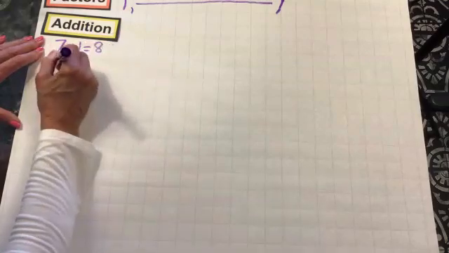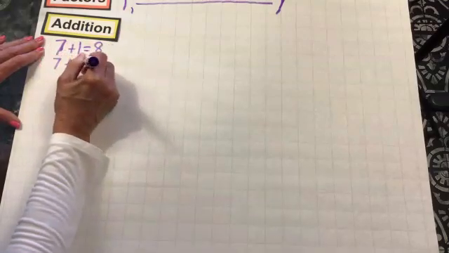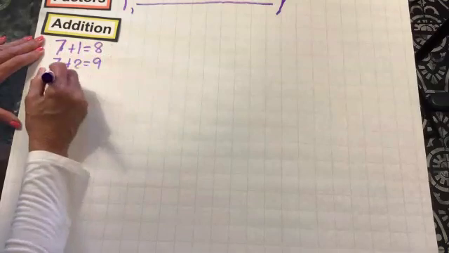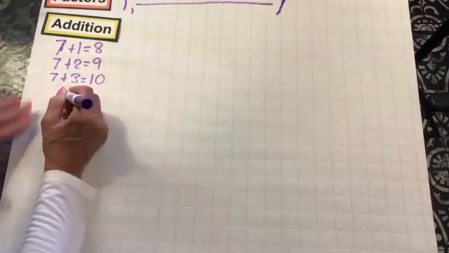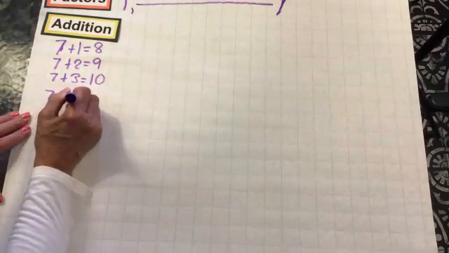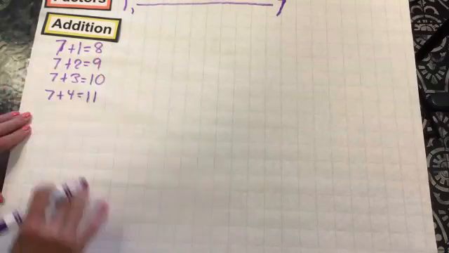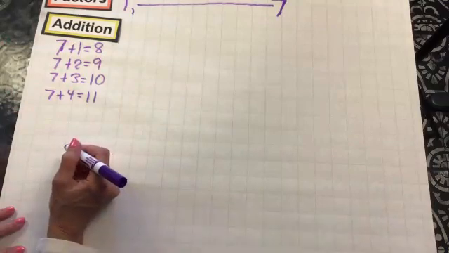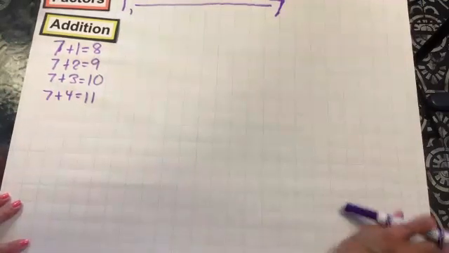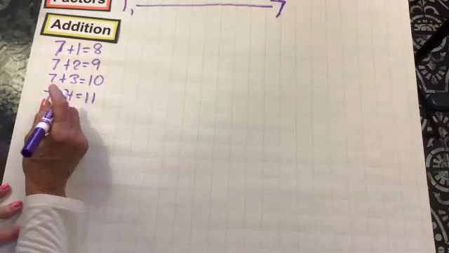So 7 plus 1 equals 8. 7 plus 2 equals 9. 7 plus 3 equals 10. 7 plus 4 equals 11. So these are the basics. 1 through 10, adding to any number, is the basics that you really need to know by heart.